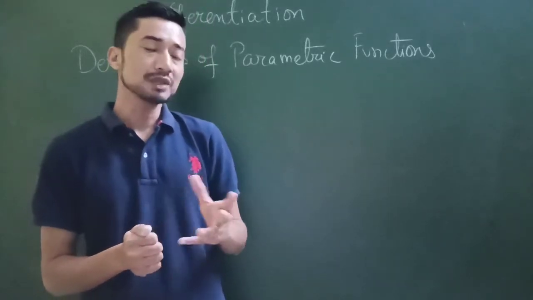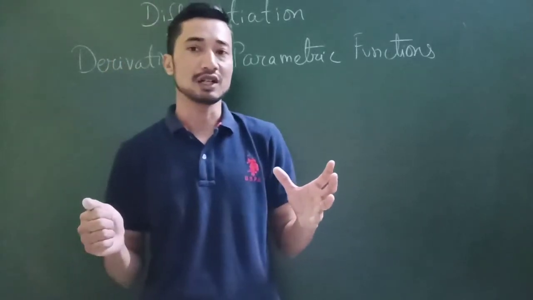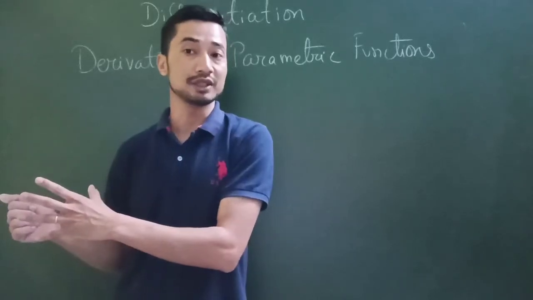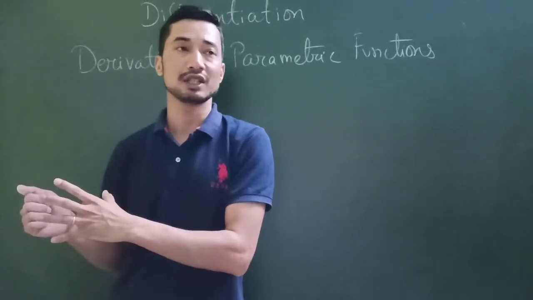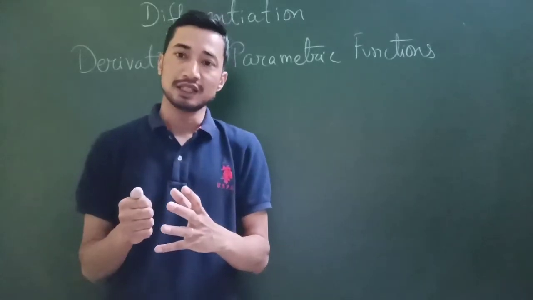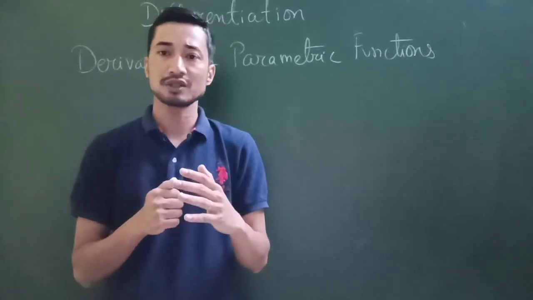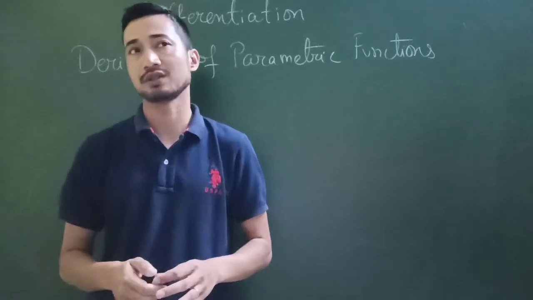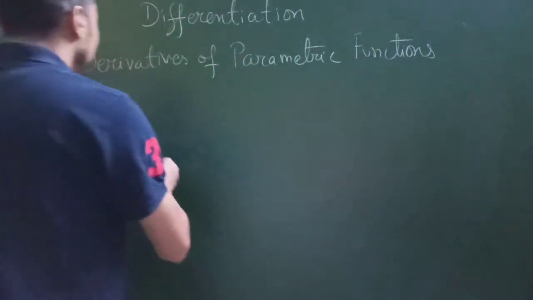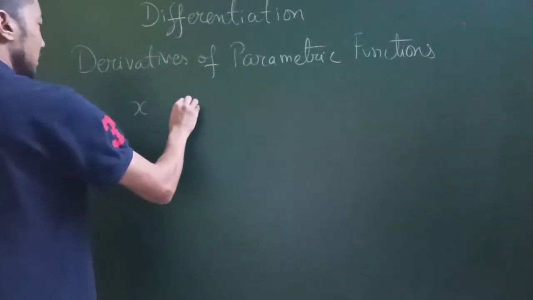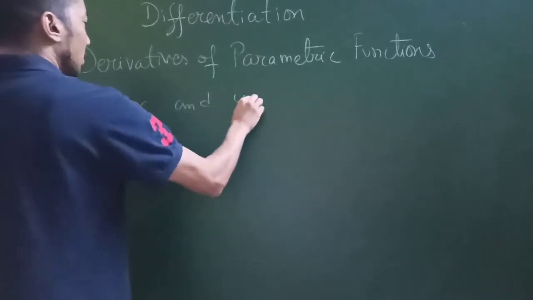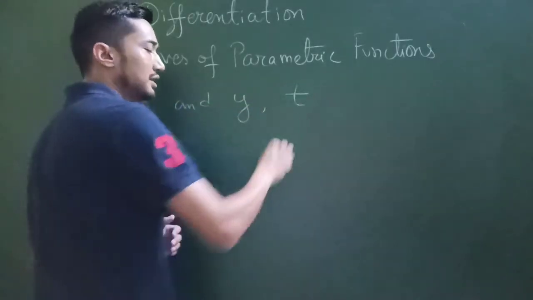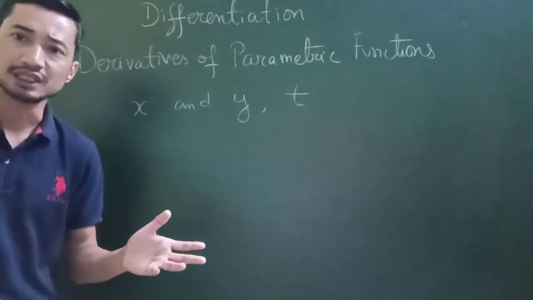So sometimes two functions are linked by a third variable. That third variable is called the parameter. If we come across this kind of function, how are we going to connect and differentiate them? For example, maybe you have two functions, x and y, and both of them are represented by another variable t.